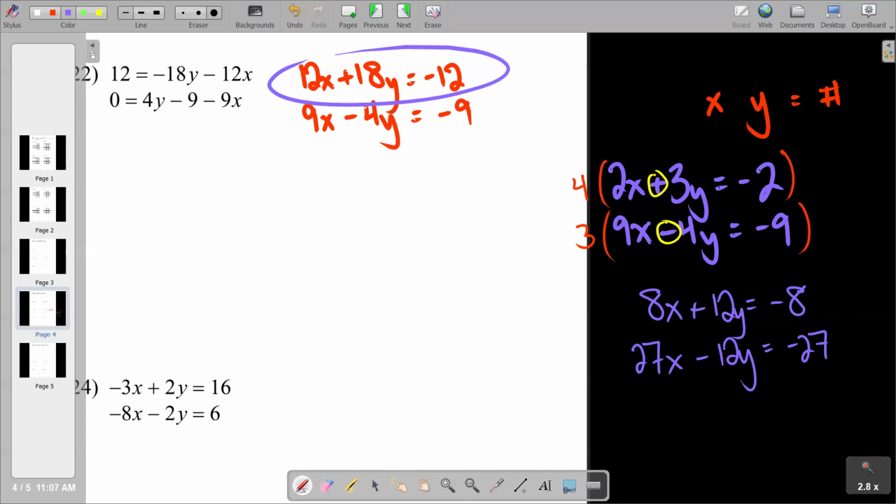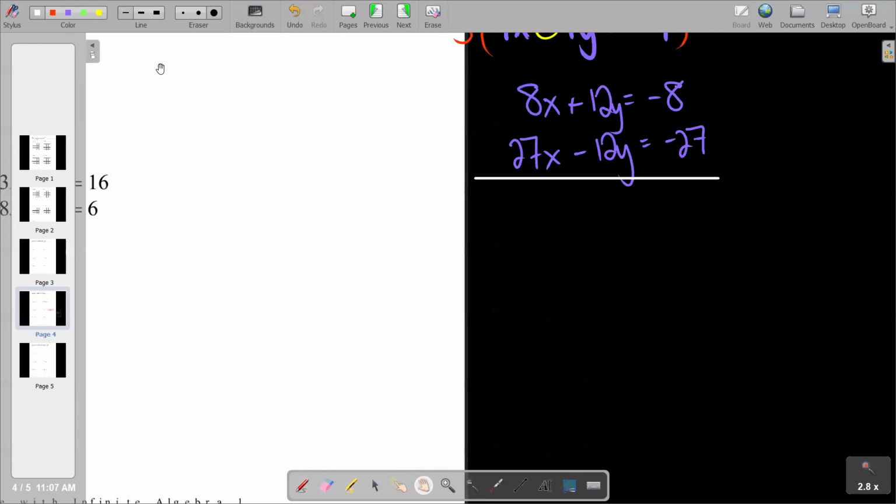Okay, so now it's time to officially cash in what we worked so hard for. When you add downwards now, how many x's do you get? 35. And something's about to happen that will make you feel like what we did was good.